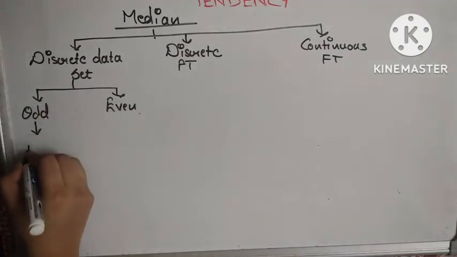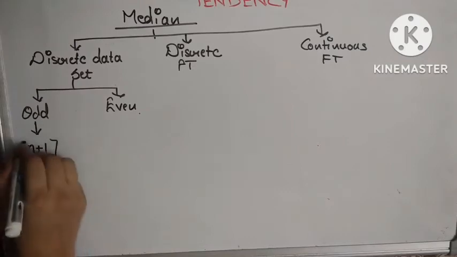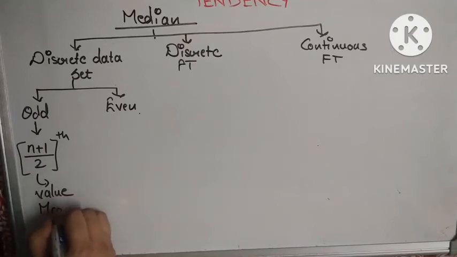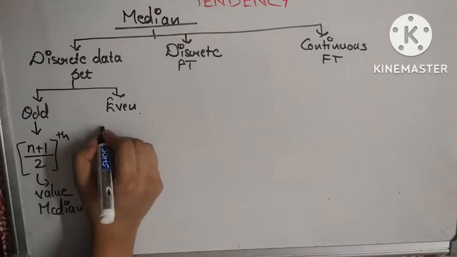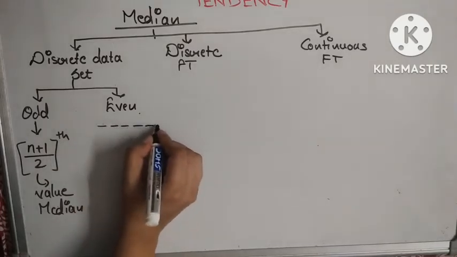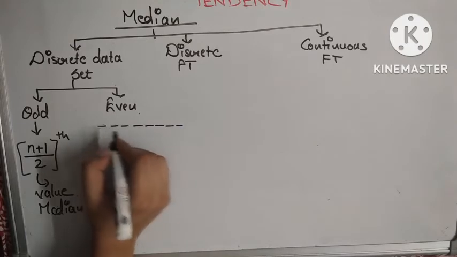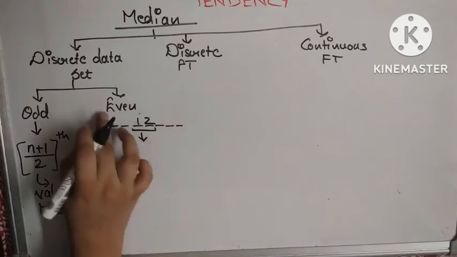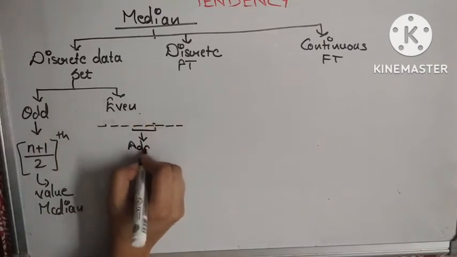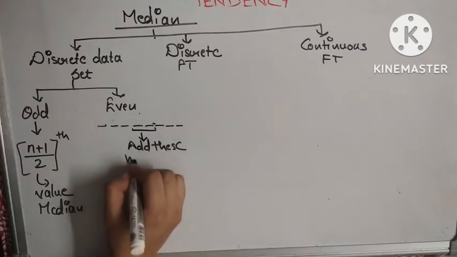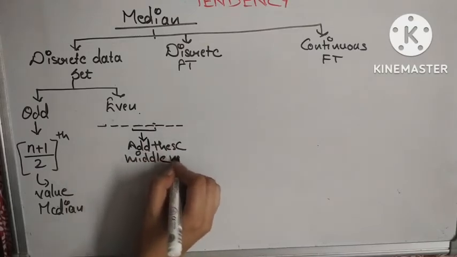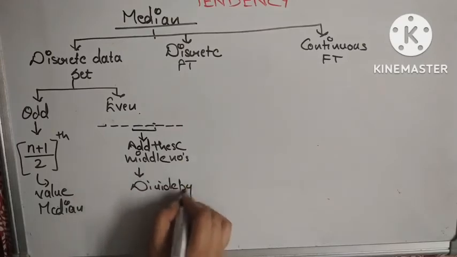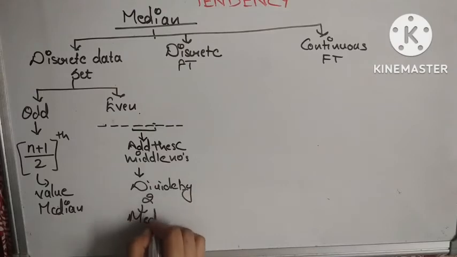In an odd data set, the (n plus 1) by 2th value is your median value. If even, say 1 2 3 4 5 6 7 8 are given, what you have to do is add the middle numbers and then divide by 2. Divided by 2, you will get the median of that.